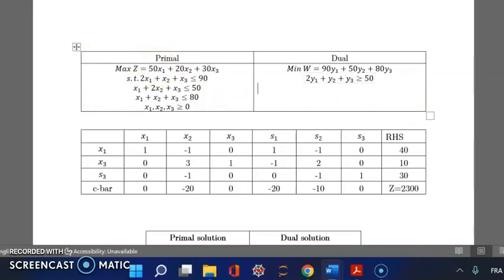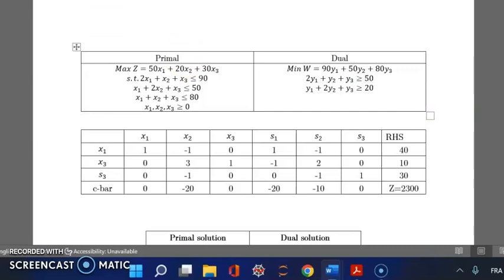We're going to be doing the same thing for the remaining constraints. For the second constraint we have y1 plus 2y2 plus y3, and again greater than or equal to 20.